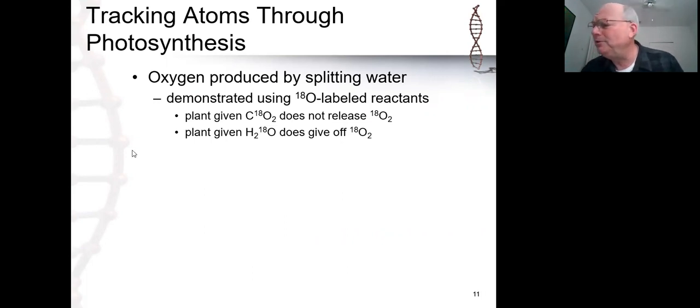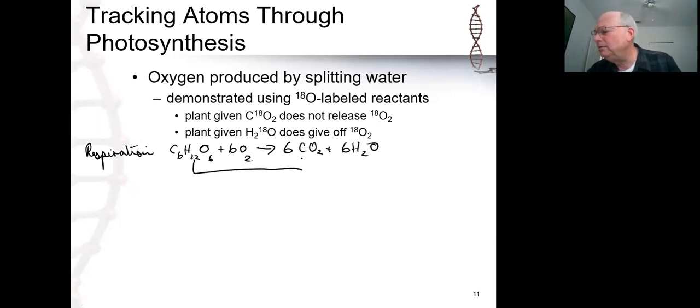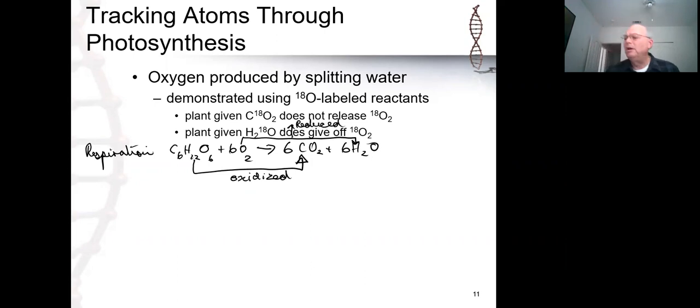So when we think in terms of respiration, respiration is C6H12O6 plus 6O2 gives us 6CO2 plus 6H2O. So we know that the glucose is oxidized to carbon dioxide, the oxygen is reduced to H2O.